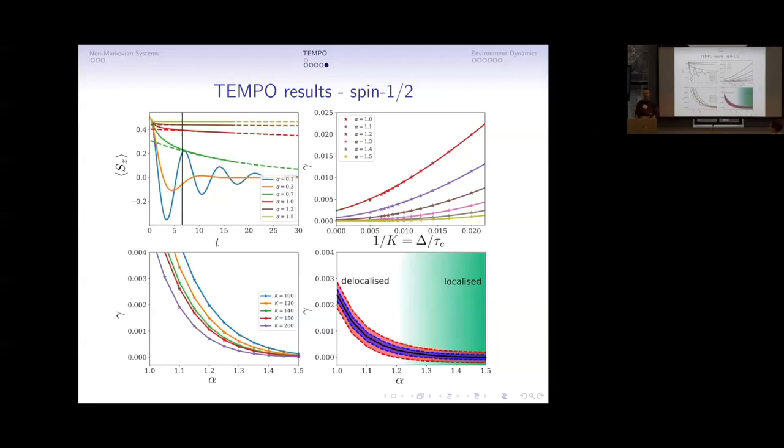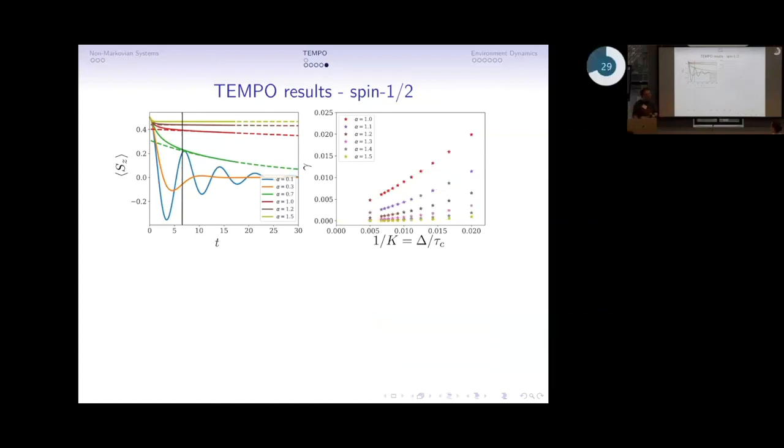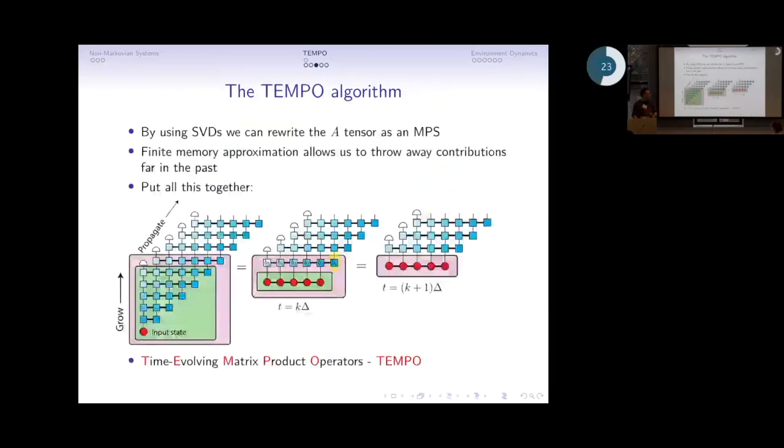So maybe you said it, but what limits your time? The maximum time you can go? You can keep propagating forwards in time as long as you want, because you have this fixed size object which is just propagating forwards.